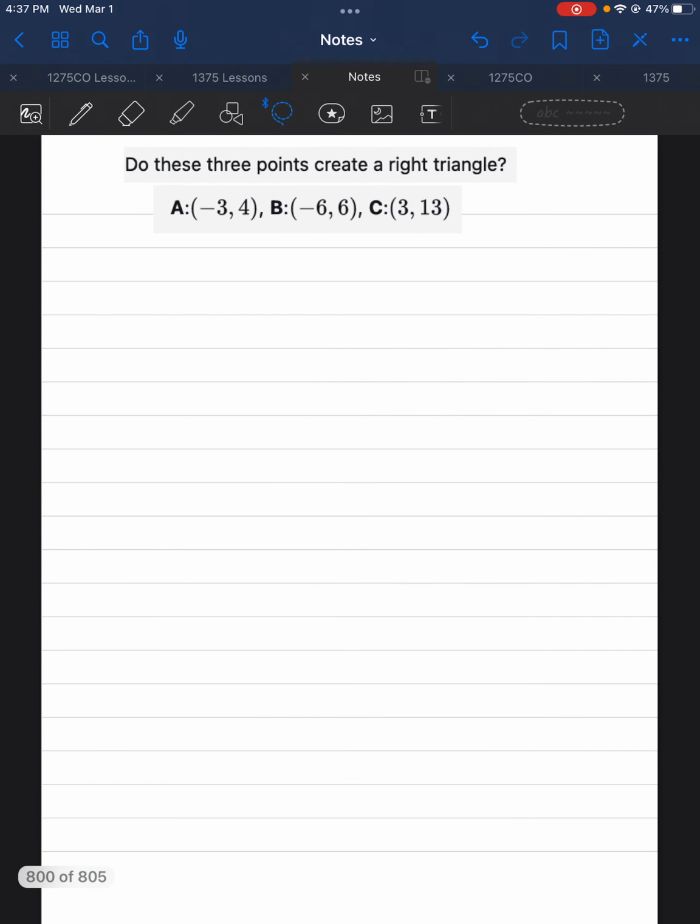So let's do the distance formula first. AB, again, that's the distance between points A and B, is going to be -6 minus -3. Again, notice that there's parentheses around that second substitution, plus 6 minus 4.